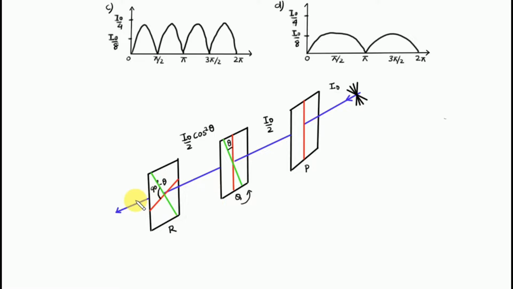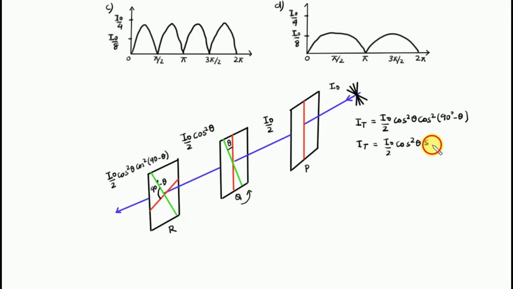So the light after passing through this polarizer, when the polarizing directions of Q and R make an angle 90 degree minus theta, must have an intensity I naught by 2 cos square theta cos square (90 minus theta). So the final intensity after passing through R, I_T, is equal to I naught by 2 cos square theta cos square (90 degree minus theta), which can be written as I naught by 2 cos square theta sin square theta.